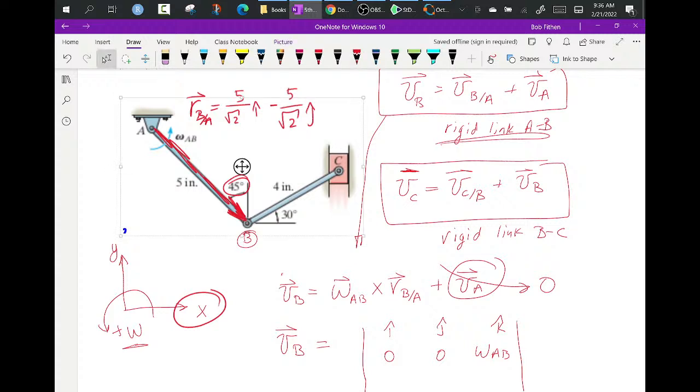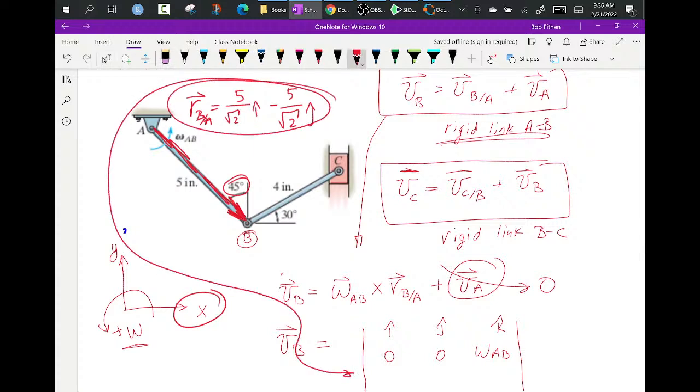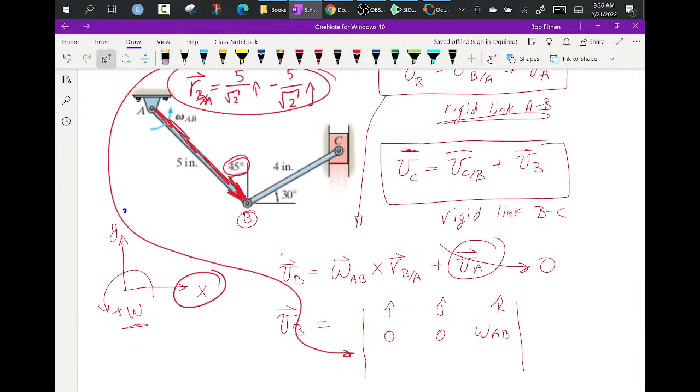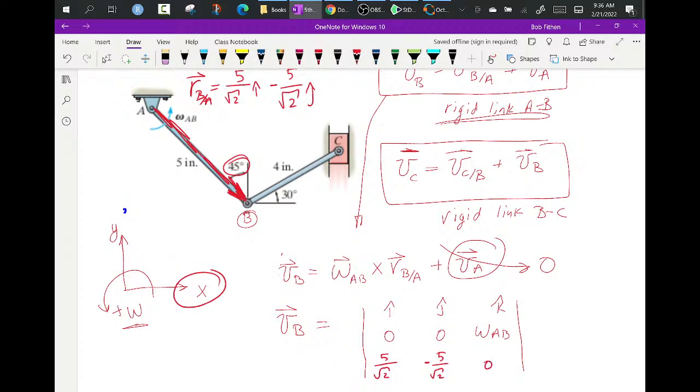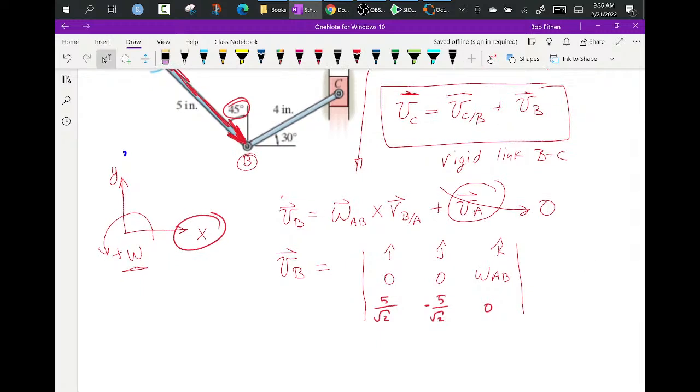So now I can just copy these entries down into the lower row here. And so what I got is 5 over square root of 2, I'm going to get a minus 5 over square root of 2, and then I get a nothing because it's not coming out of the page, it's staying in the page. I could write 0 here, or I could just leave it off because it's 0, so it's nothing there.